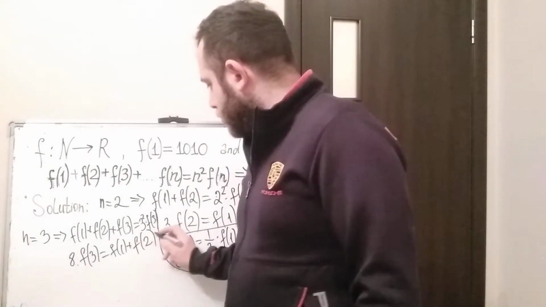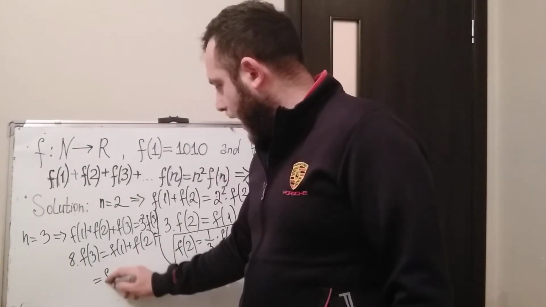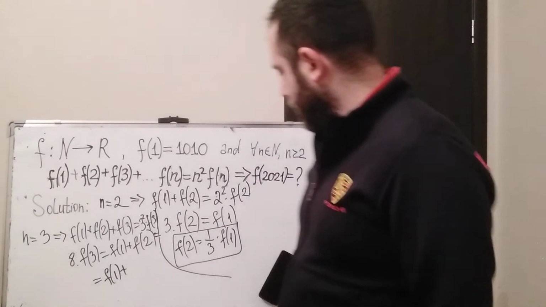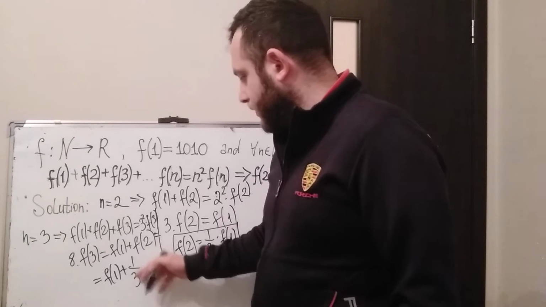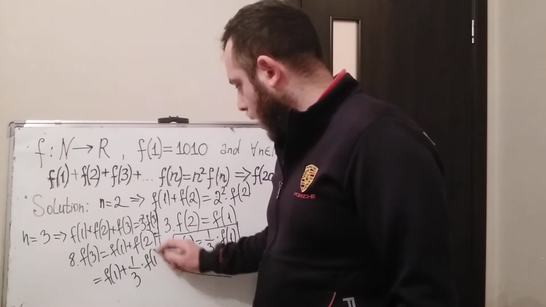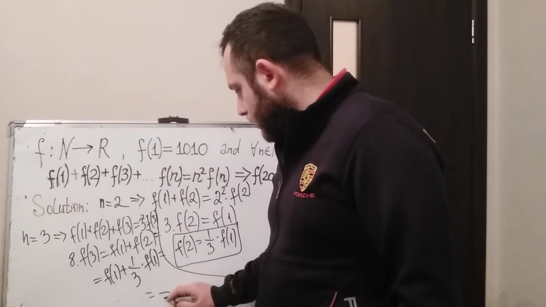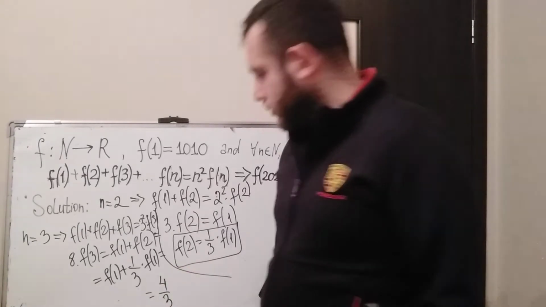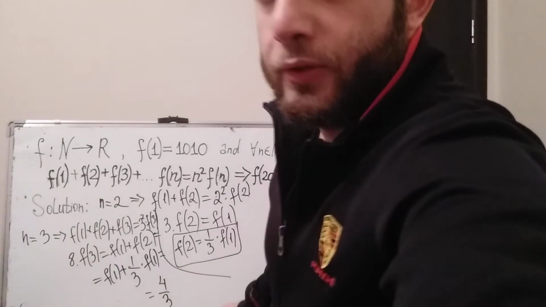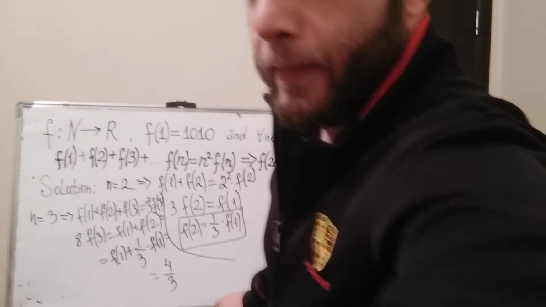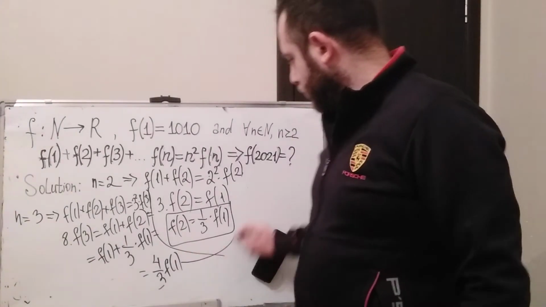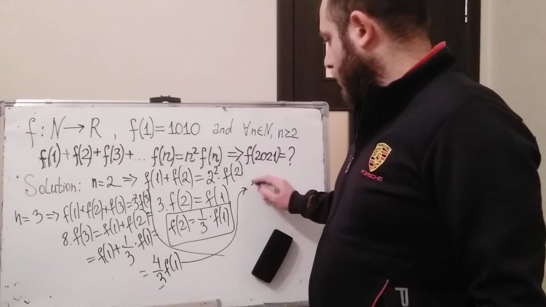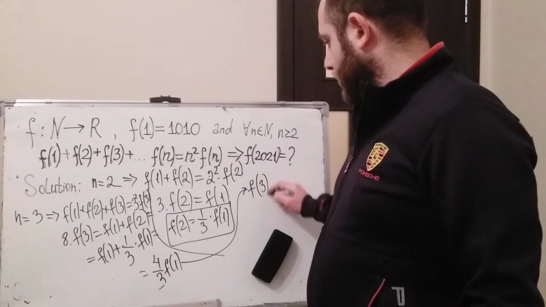So it can be written as f(1) plus, instead of f(2), 1 over 3 times f(1). That gives 4 over 3 of f(1).